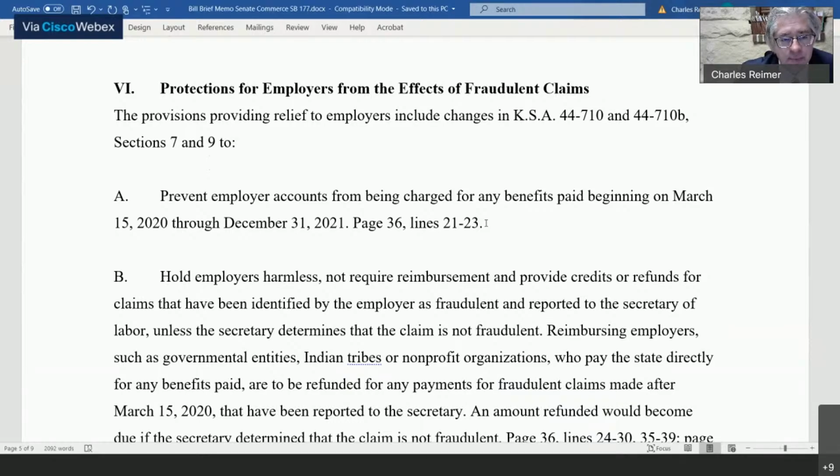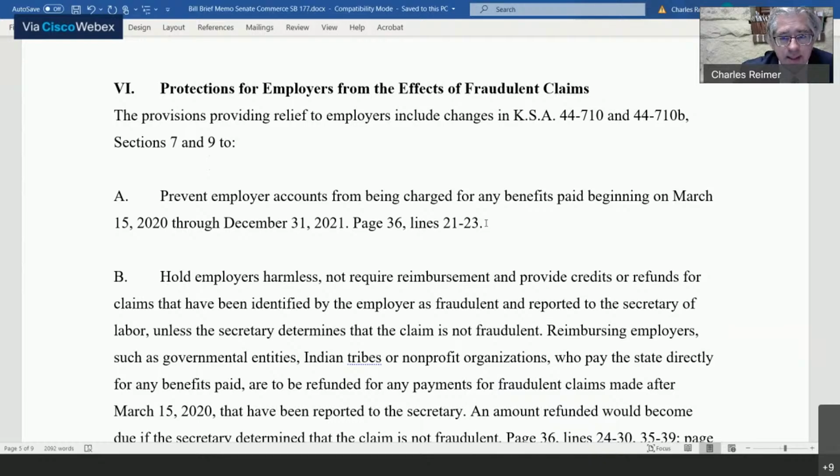It's one of the reasons why this bill is put forth. Just a tremendous amount and level of fraudulent claims against the pandemic unemployment insurance programs have been a big problem. And so this bill attempts to address that.